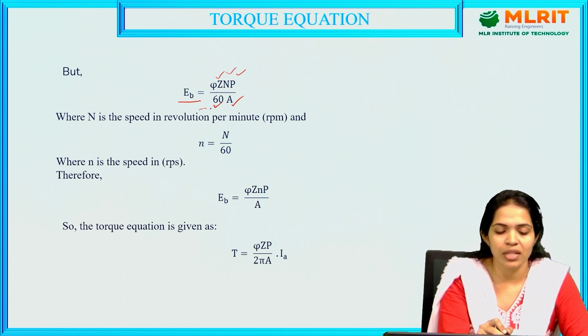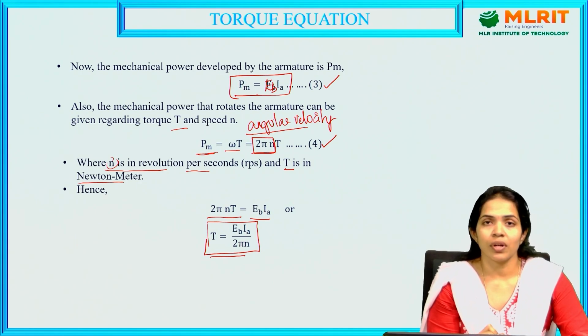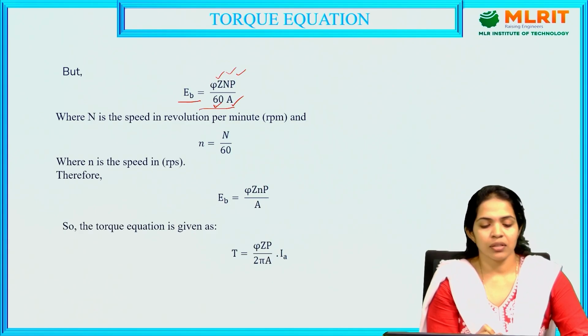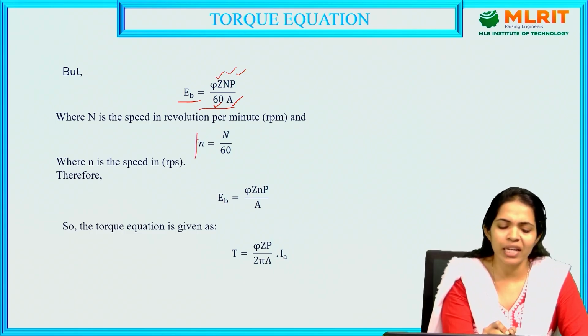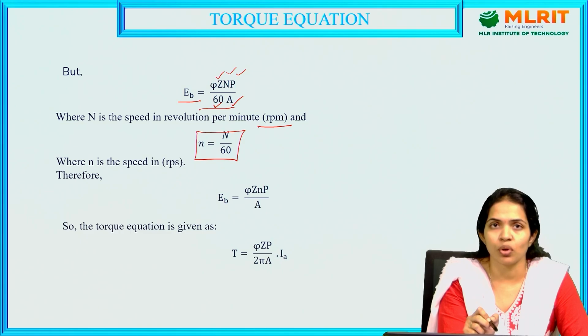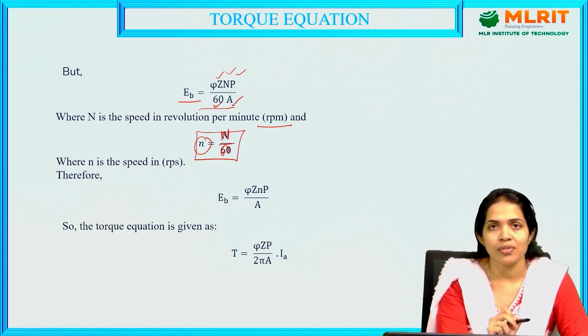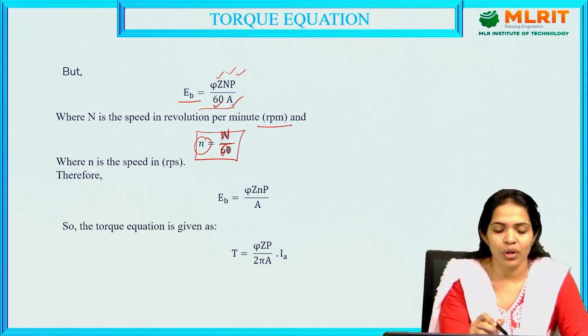So substituting this Eb value in the torque equation which we got in the previous slide, and when we take N in RPM, revolutions per minute, we take the speed as N by 60, as we are converting revolutions per second into revolutions per minute. So we are going to replace n by N by 60.